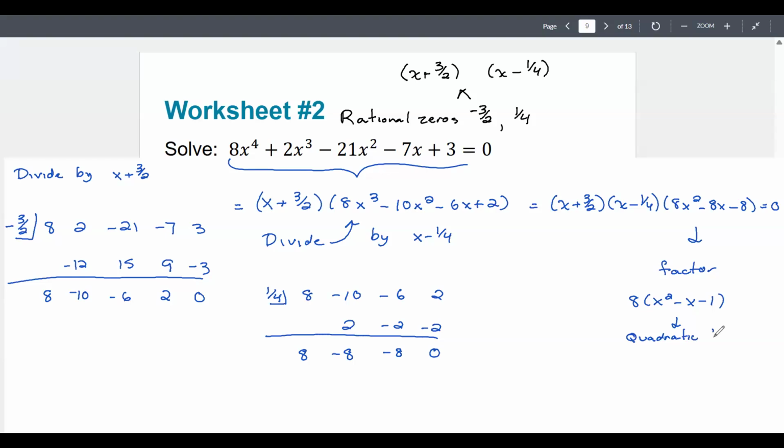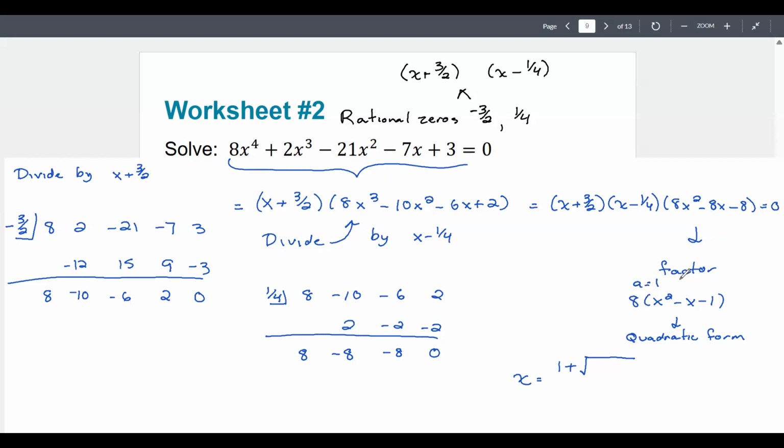So we have x is going to be negative b. So my b is going to be this -1, so it's going to be +1. Make sure I get these right. Then we're going to have plus or minus the square root of b squared.